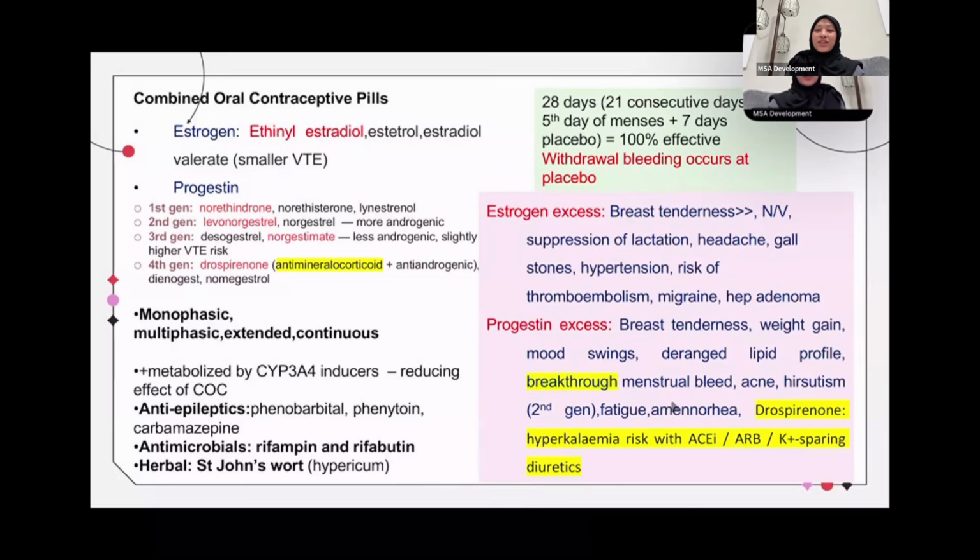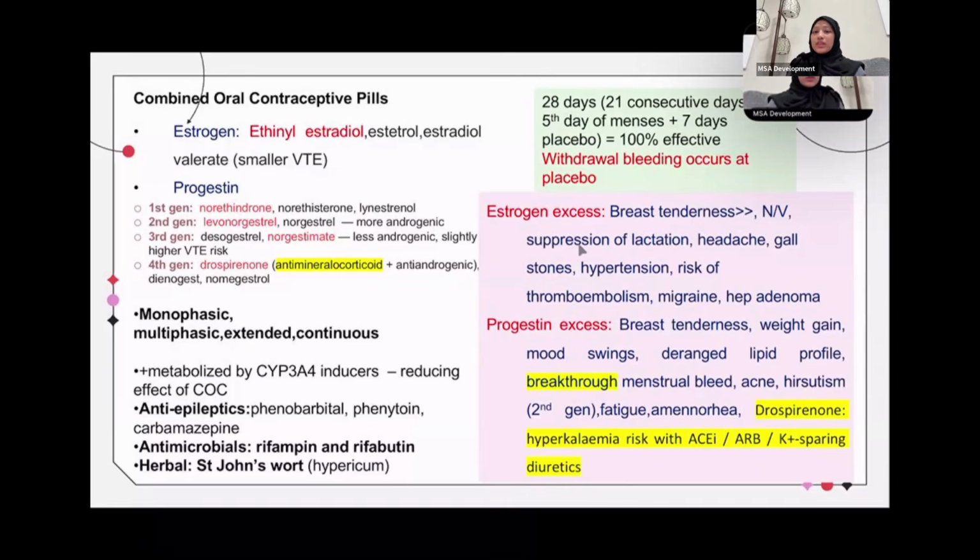So all these symptoms are how a pregnant woman would complain: breast tenderness, nausea, vomiting, headaches, migraine, weight gain, mood swings, and fatigue. If you remember the pregnancy symptoms, that will make sense, right? Because they have too much estrogen and progesterone. But pregnancy is a normal thing, and you are trying to prevent that. If you give too high of a dose, it will cause similar symptoms.